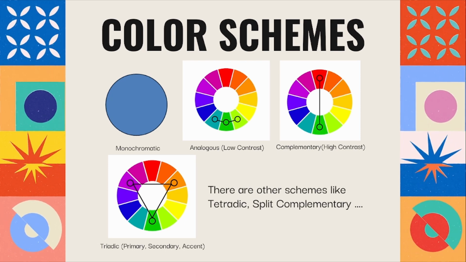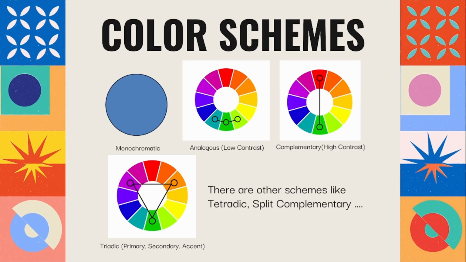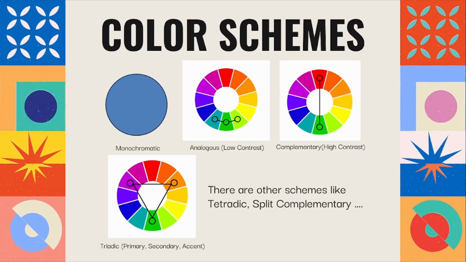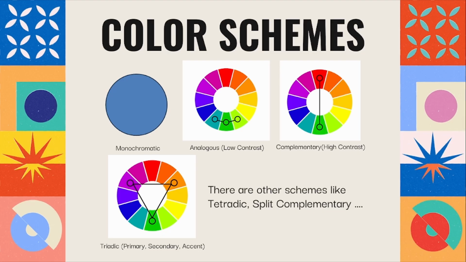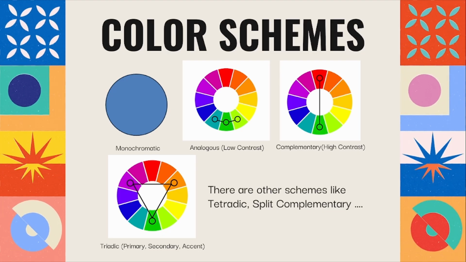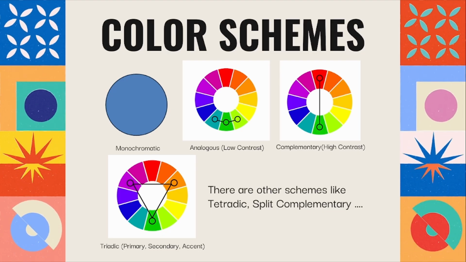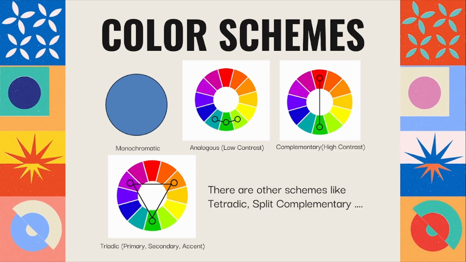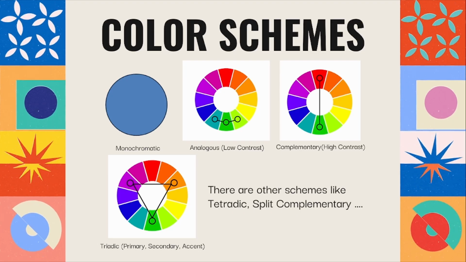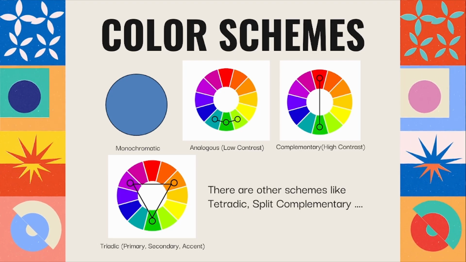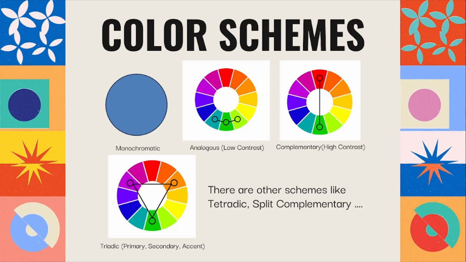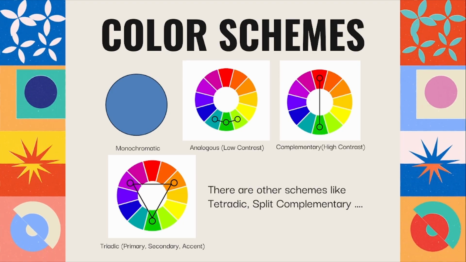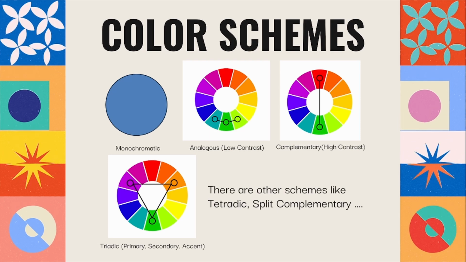Then there's triadic. Now, do you have any business knowing this? Well, you can decide to learn, you can decide not to. The thing is, when you design, eventually you go online to search for inspiration from other designers, see what these people have done, and 99% of the time, you also get your color inspiration from these designs.